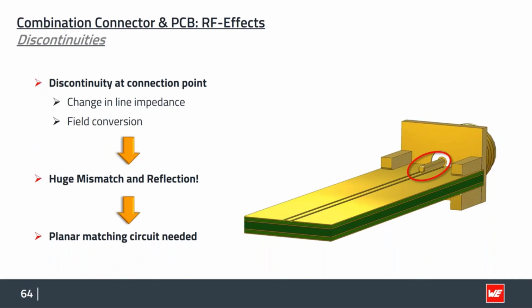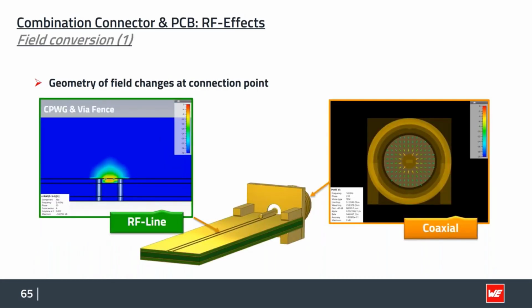The big issue is that we will create a lot of discontinuity at the connection point, because we have a huge change in the line impedance, and this will cause a lot of field conversion. Why? We try to match a round transmission system to a squared one. Here you can see it very well.